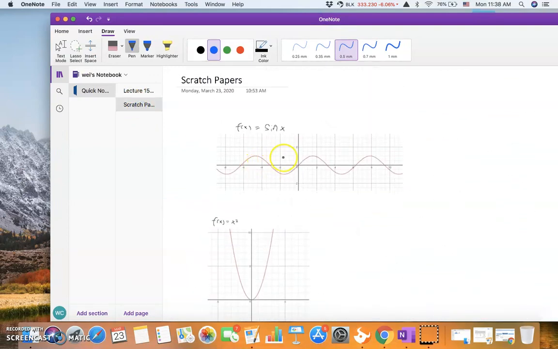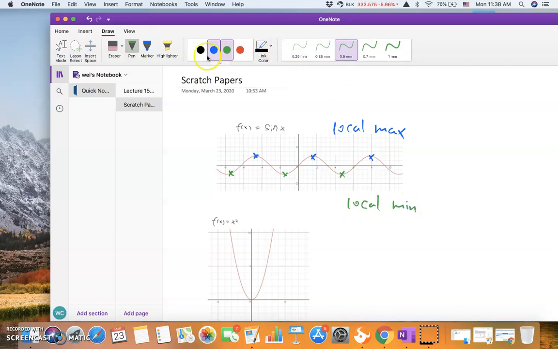All right. Let's look at some other examples. So to find the local maximum of this graph, the local maximum is here. So they are all local maxima, and the local minima are here, and here.